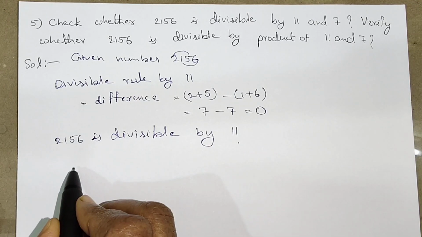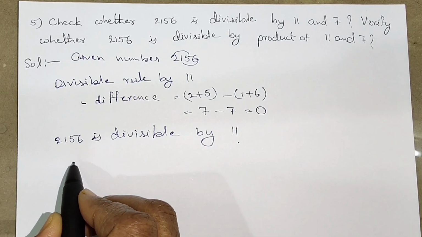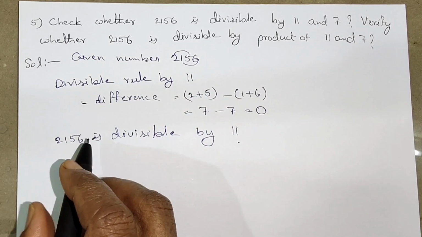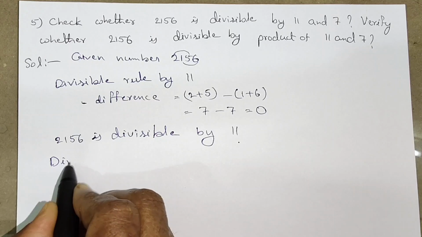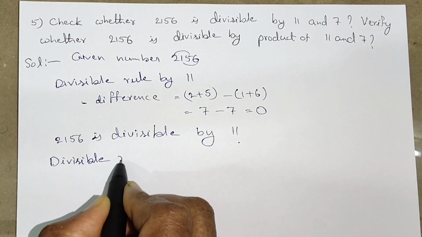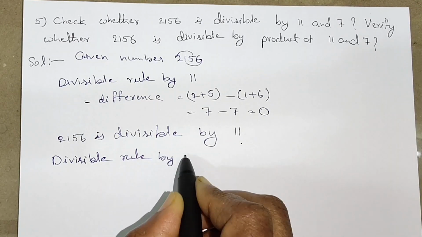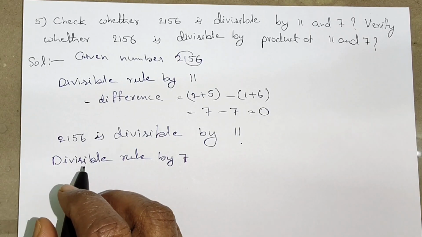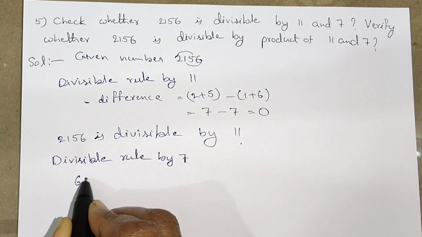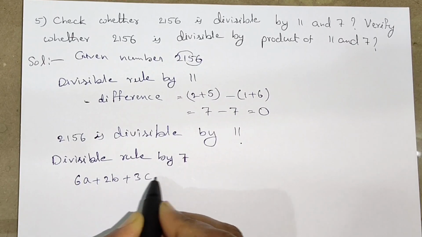Next we verify the divisibility rule by 7. Here 2156 is a 4-digit number. For a 4-digit number, the divisibility rule by 7 is 6a plus 2b plus 3c plus d.